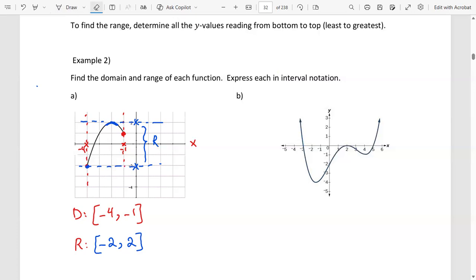So when you see the arrows, it tells you it's going to infinity. So for the domain, we have from negative infinity to positive infinity. Because as long as it's going up, it's going to the left and right, because it doesn't go up straight. So the domain is all real numbers, from negative infinity to positive infinity.